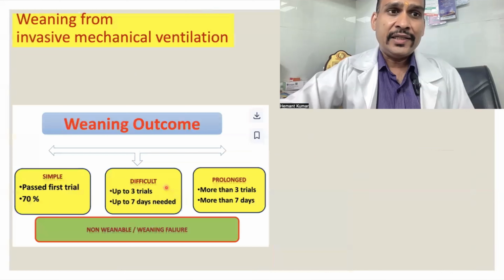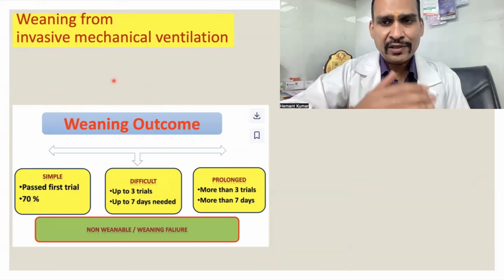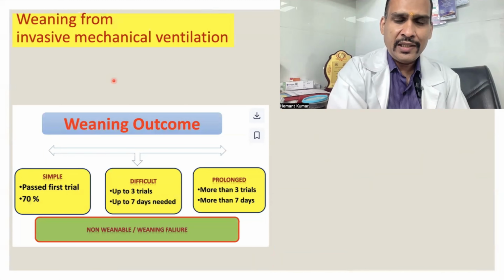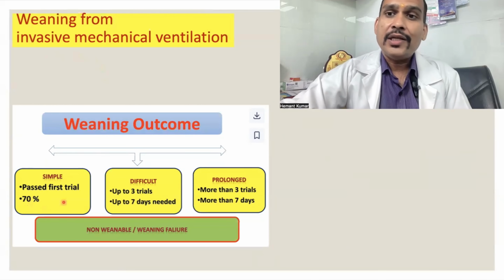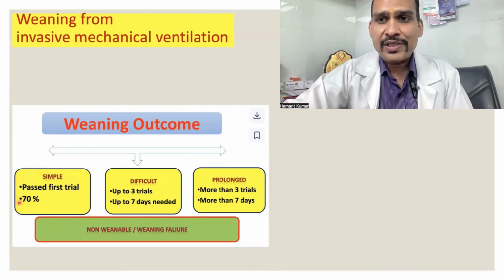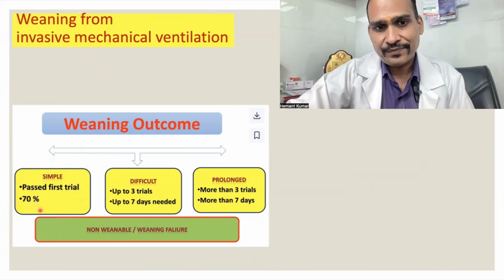So, a little about weaning. What is weaning? Weaning is just liberation from mechanical ventilation. You give a spontaneous breathing trial or NIV trial and you are able to extubate the patient. If you are lucky and able to extubate the patient in the first trial, which is true for 70% of patients, this is called simple weaning.